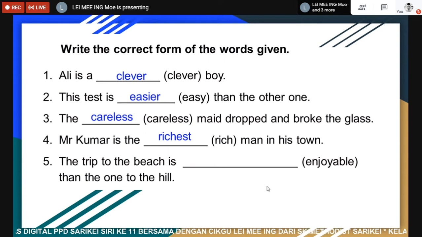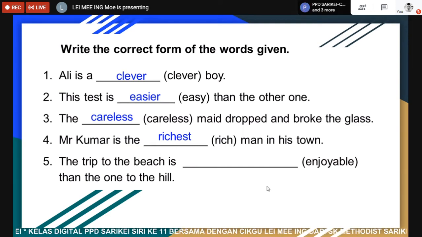Alright, question number 5. The trip to the beach is more enjoyable than the one to the hill. The given adjective is enjoyable. So what is your answer for this question? More enjoyable. Any other answer? Most enjoyable. Alright, still the same.